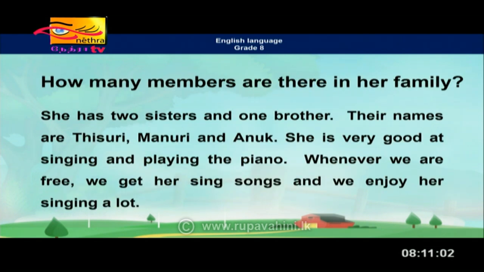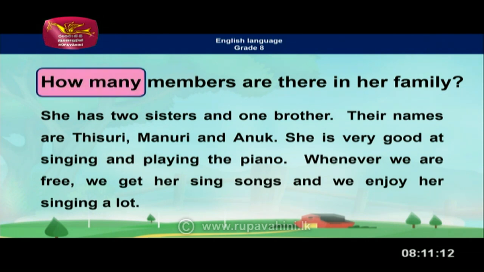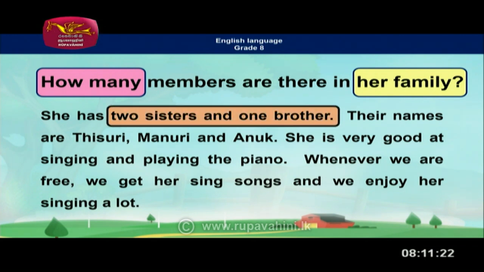Then, how many members are there in her family? How many? Number. Countable noun. What is the question word? How many? And the key words, in her family and members. Yes. There you have to count the number, because here you are given 2 sisters, 1 brother. So, altogether 3. She has her mother, father and herself. So, altogether how many? Right?